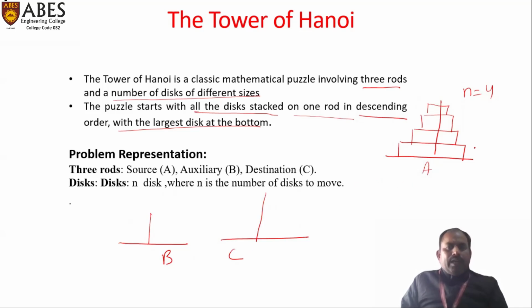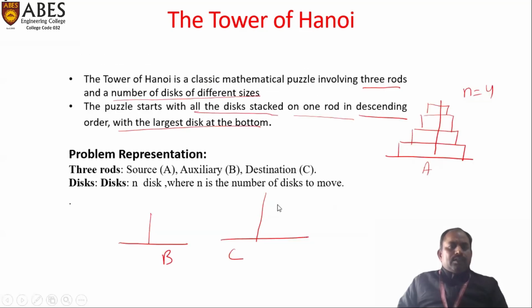In this problem, we have to move this arrangement of four disks to the destination rod. Exactly how we can transfer all the disks to the destination rod, we will see in the Tower of Hanoi problem.